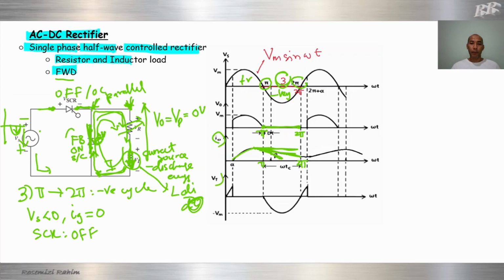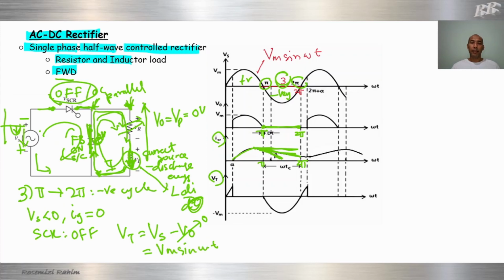For the thyristor voltage, we know that the thyristor is off. So by using KVL, the thyristor voltage Vt equals Vs minus Vout. We know that Vout equals 0, so Vt equals Vm sine omega t.